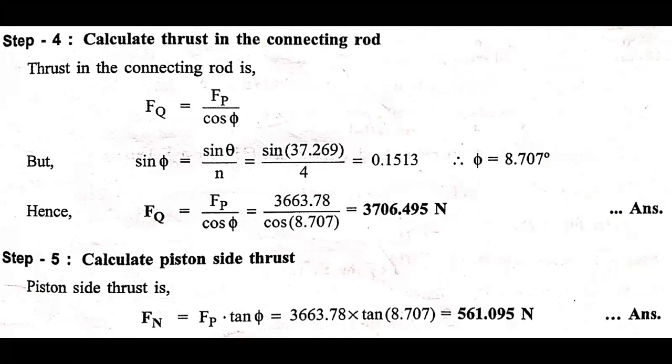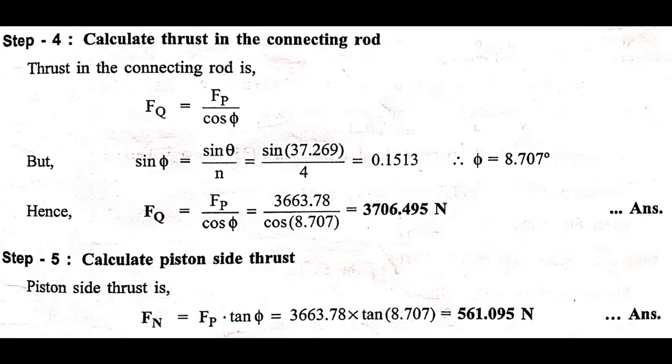Again, calculate the thrust in the connecting rod. Thrust in the connecting rod Fq is equal to Fp upon cos phi. Here cos phi is not given, that's why we are finding it out. First we have to find sin phi, which is equal to sin theta upon n, and ultimately we get phi equal to 8.707 degree. So Fq is equal to 3706.495 Newton.